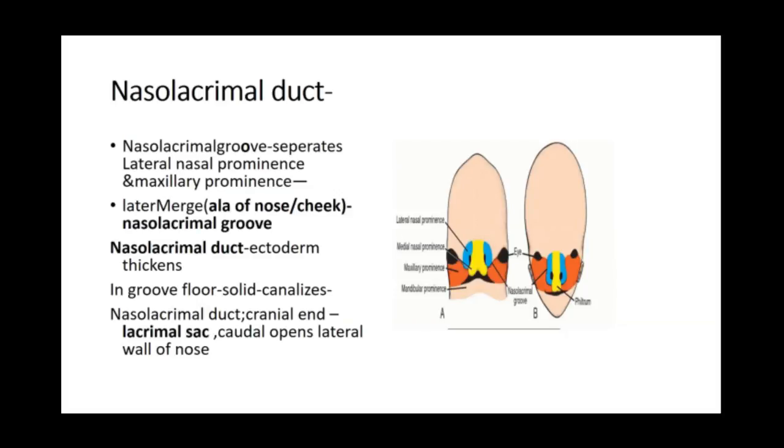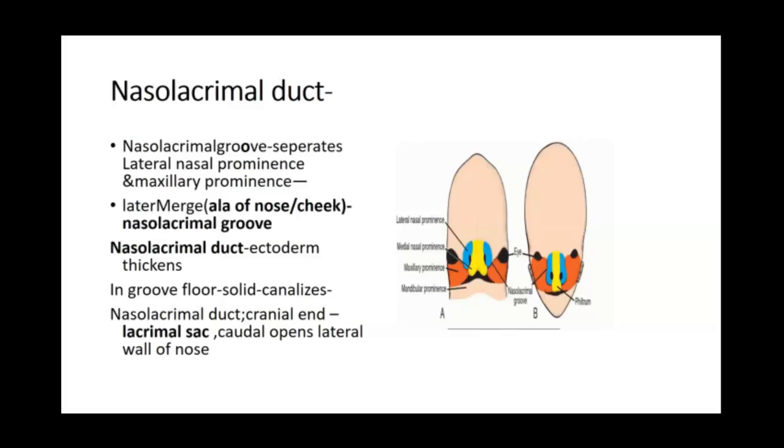This solid rod is then ultimately going to become canalized, and this canalization is going to give rise to your nasolacrimal duct. The dilatation extending above is going to be called your lacrimal sac, and this is going to open into the lateral wall of the nose, the inferior meatus of the nose. That is the nasolacrimal duct.